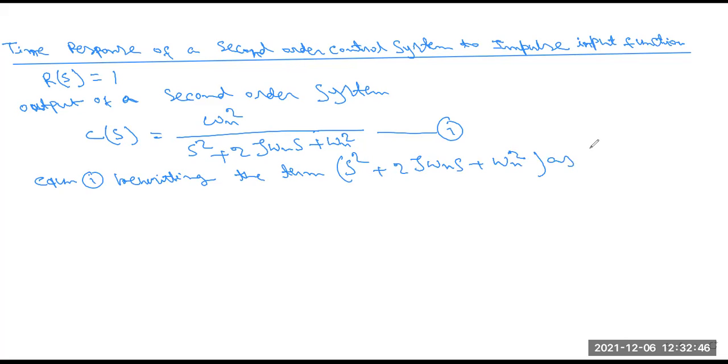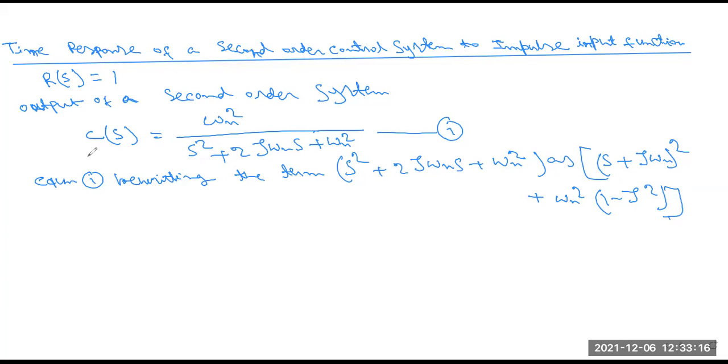We have to change this equation into this pattern, that is (s plus zeta omega n) whole square plus omega n square into (1 minus zeta square). So you have to change this lower part into this pattern, because you have to calculate it.